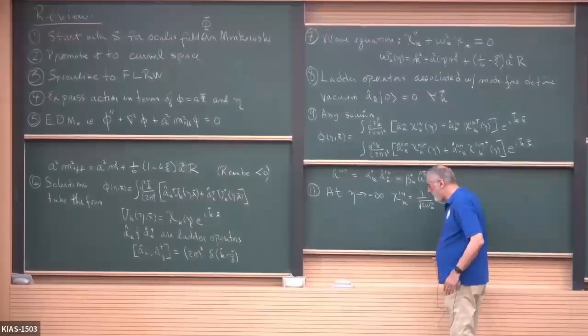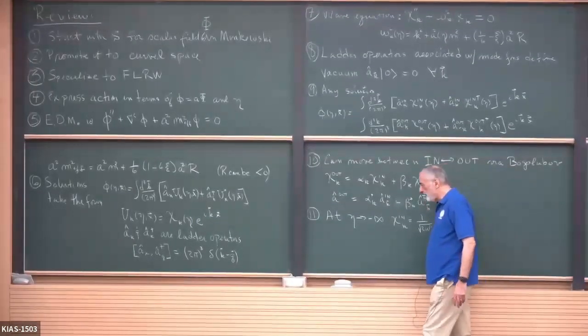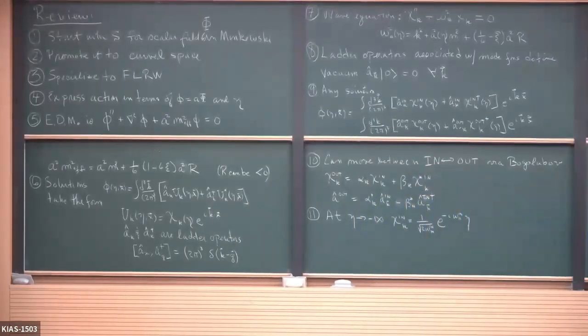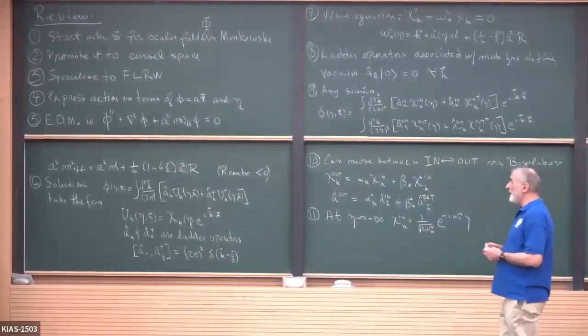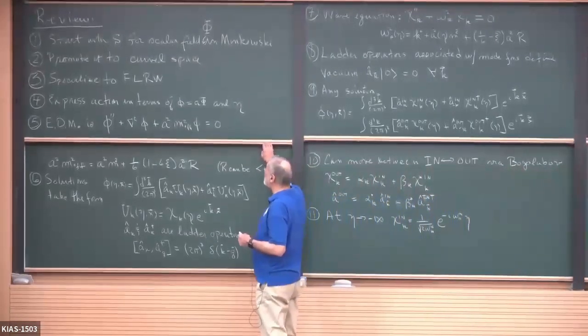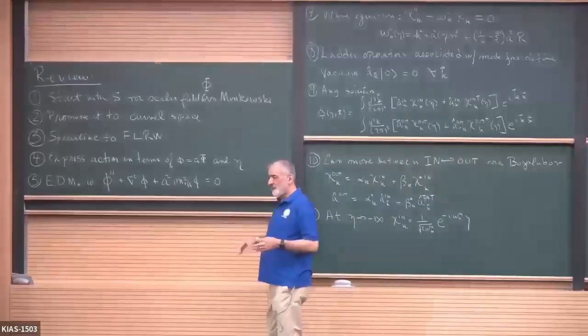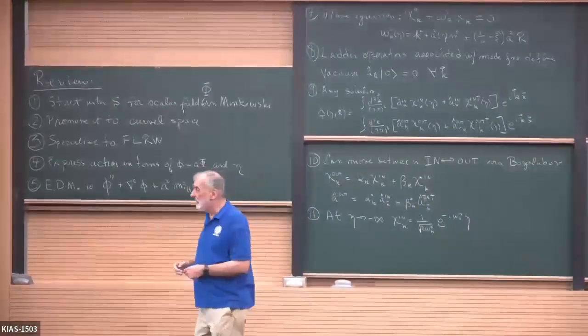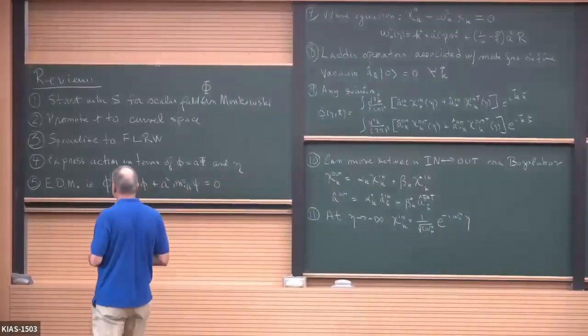So this is a bit of review of what we did yesterday. We started with the action for a scalar field, capital Phi, in Minkowski space, something that's familiar to everyone, the simplest thing you can imagine in quantum field theory.